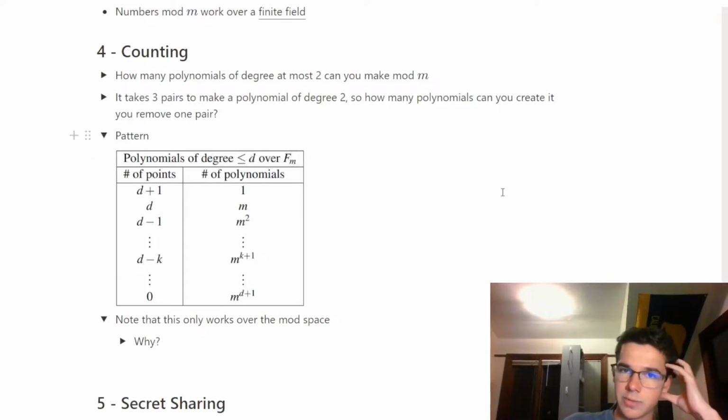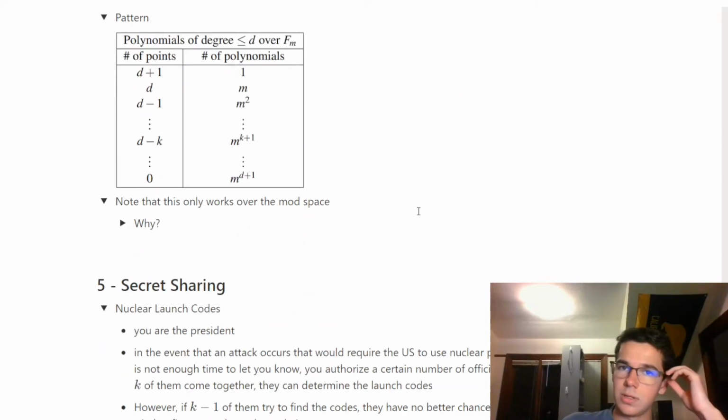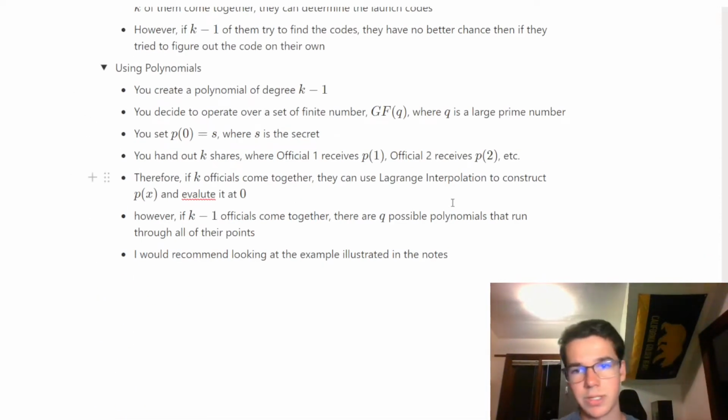If only k minus 1 officials came together, then there would be m possible values, which is P of 0, could be anywhere between 0 and some very large prime q. So they're essentially shooting in the dark. They really have no way of guessing what that number is.